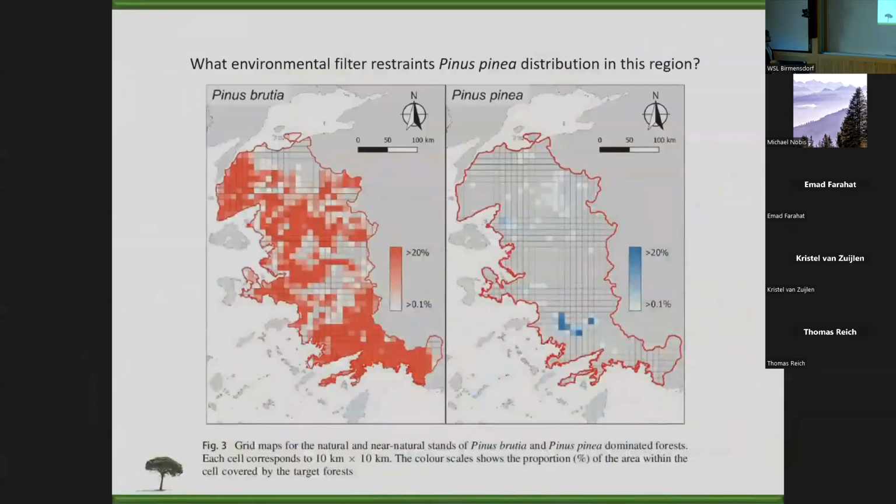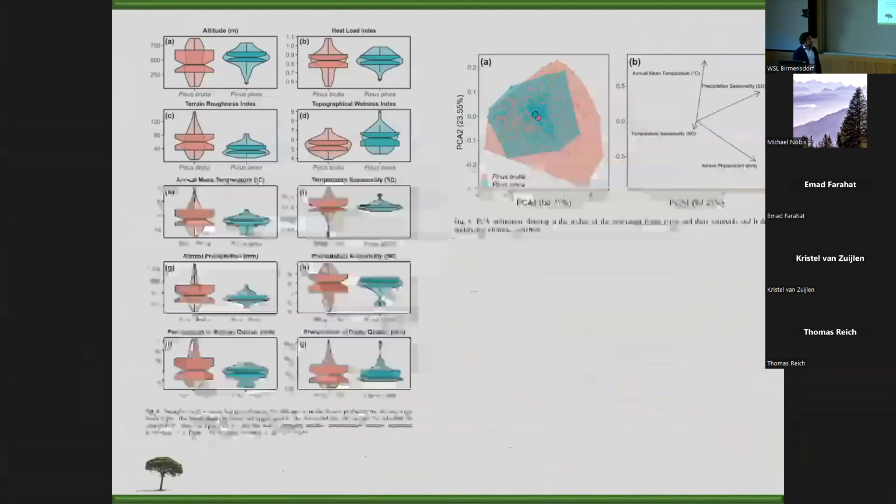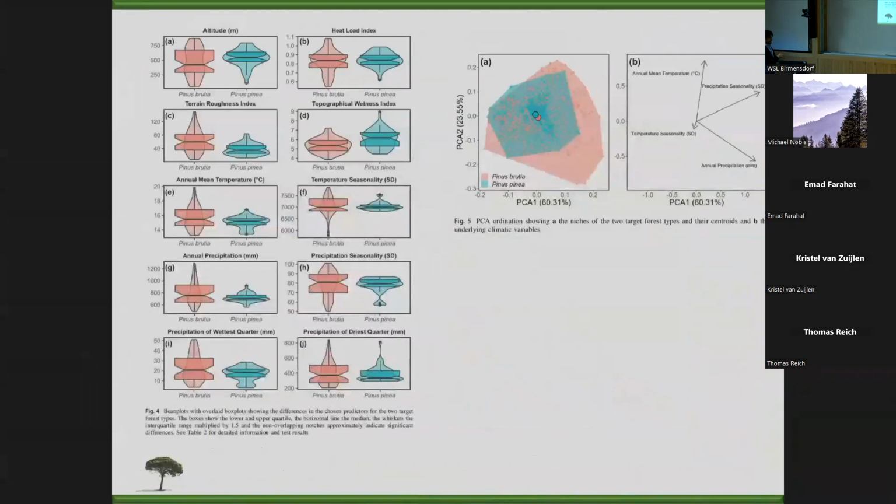Here are the grid maps, and again, in more detail, you see the different distribution of two species that dominate forests, but with similar ecology. And what we found is that when it comes to the climatic features, many of them are similar.